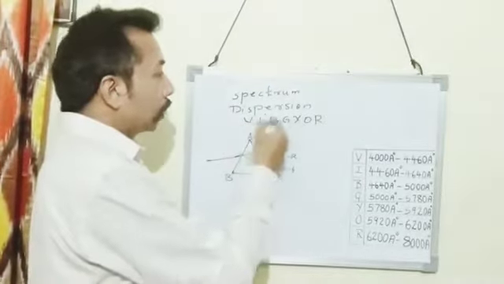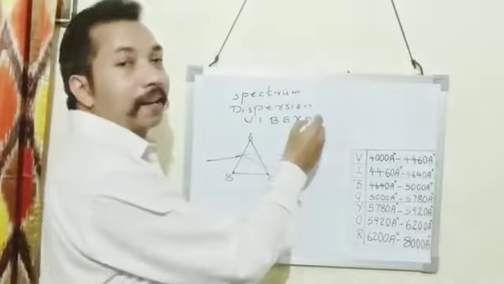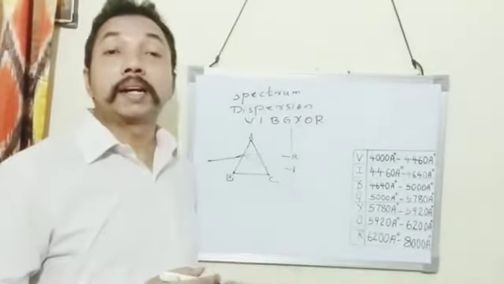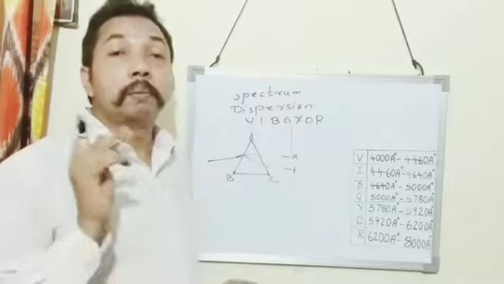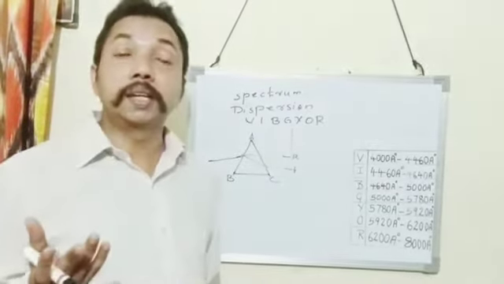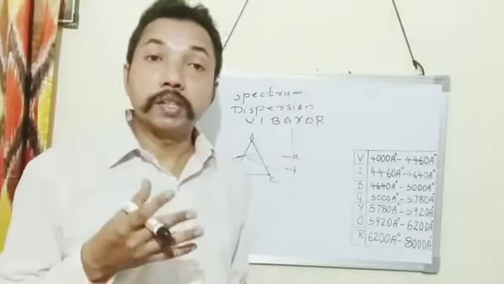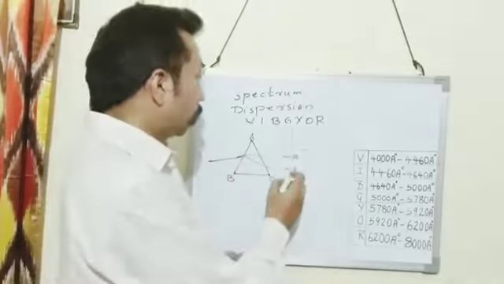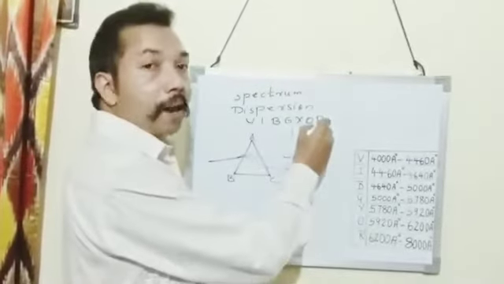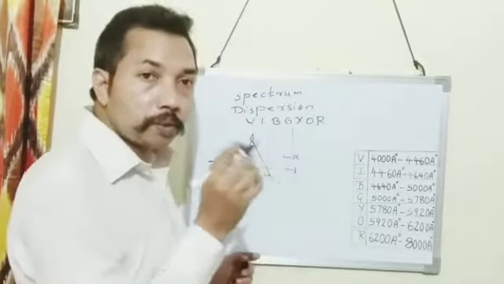In this order it is deviated. Red is deviated least because red color has the maximum speed. So the color which has the least speed is deviated maximum. That is why among these 7 colors, violet has the least speed.